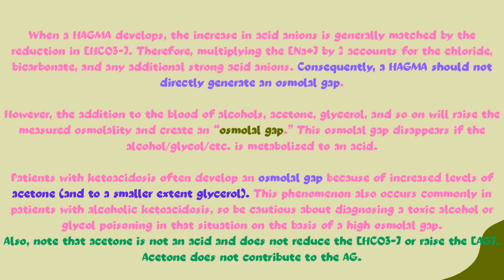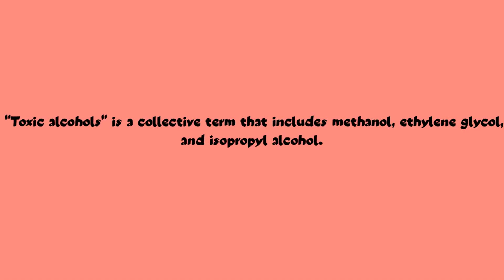So if acetone doesn't contribute to the anion gap, what causes the high anion gap in a diabetic ketoacidosis? Which of course we would look in a few minutes. We looked at these toxic alcohols 2 slides ago, and when we are presented with a high osmolar gap, these toxic alcohols are of significant concern.